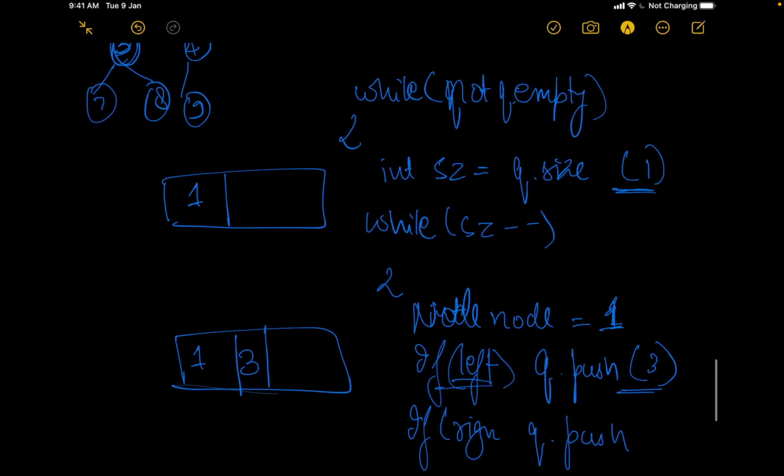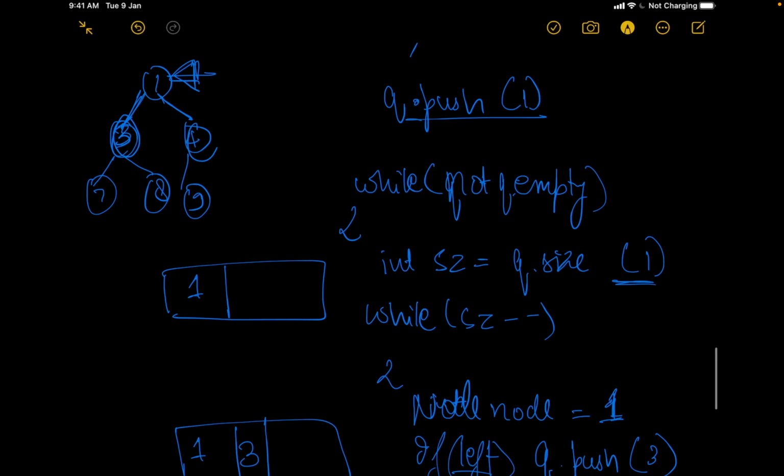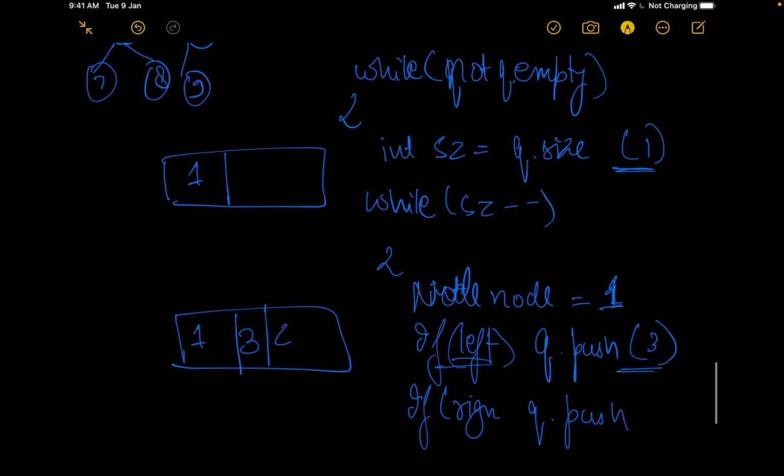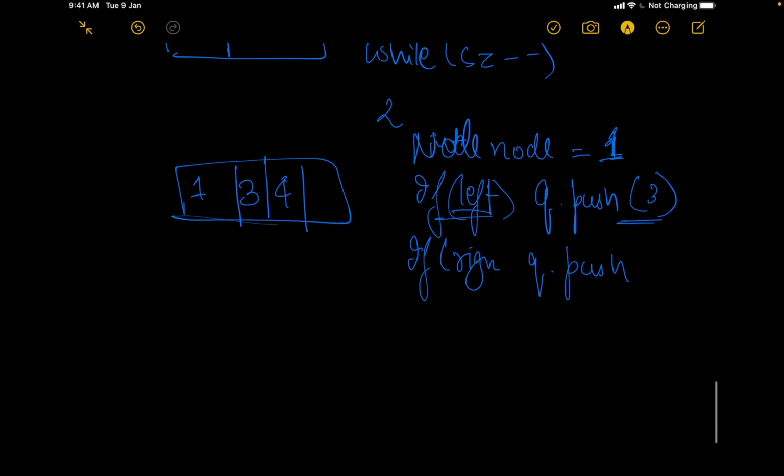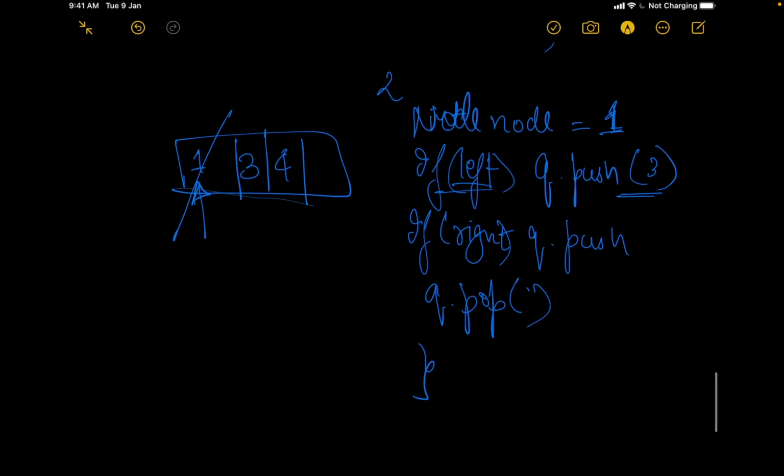Does 1 have a right element? Yes, it does have a right element, that is 4. So we'll be pushing it over here. After that, we will remove 1 from here itself. So we'll cancel out 1. We'll pop 1 from here, and then we'll continue.